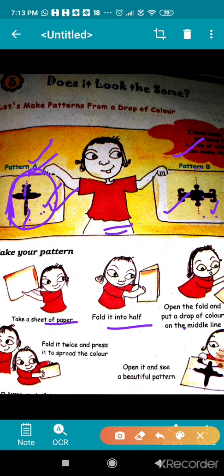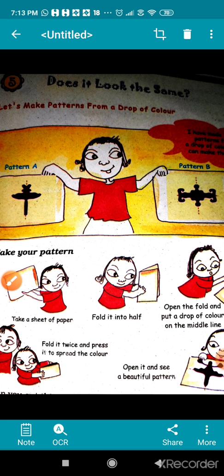Okay, then after you have to fold that paper and spread the color. Then you will get a beautiful design like this. Okay, and that type of design will be symmetrical design because both sides are equal in shape and size.